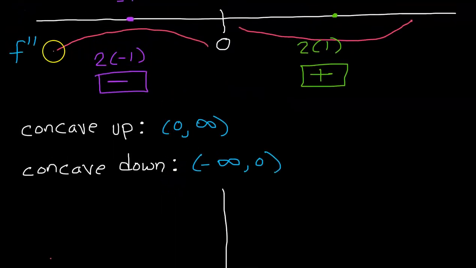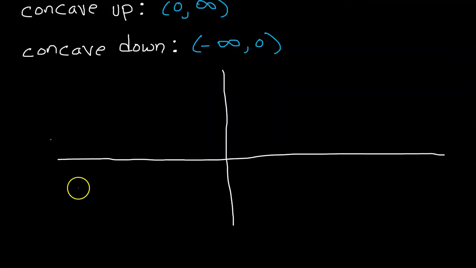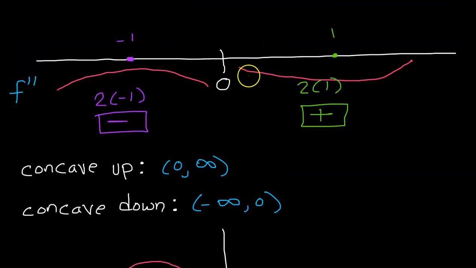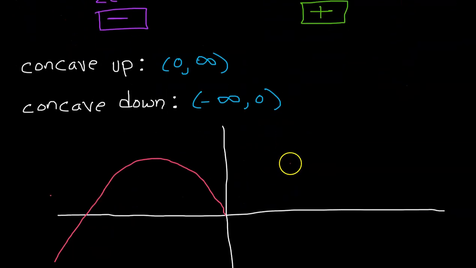Okay, so from negative infinity to 0, we learned that the function is concave down. So let's go ahead and sketch a function that is concave down from negative infinity to 0. So here would be one example of what that might look like. Okay, so that would be concave down. And then the function is concave up from 0 to infinity.